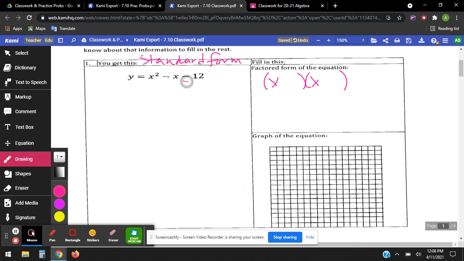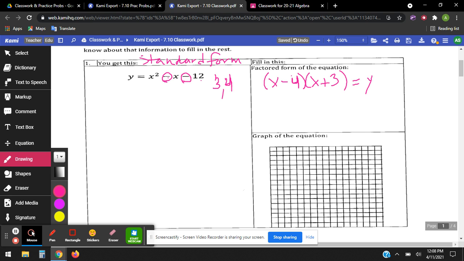And now my minus says I'm going to have one of each sign. Now I need two factors of 12 that will subtract to get a 1. Well, 3 and 4 will subtract to get a 1. I want it to be a negative 1, so I need to put the 4 with the minus and the 3 with the plus. Okay, so this is factored form.